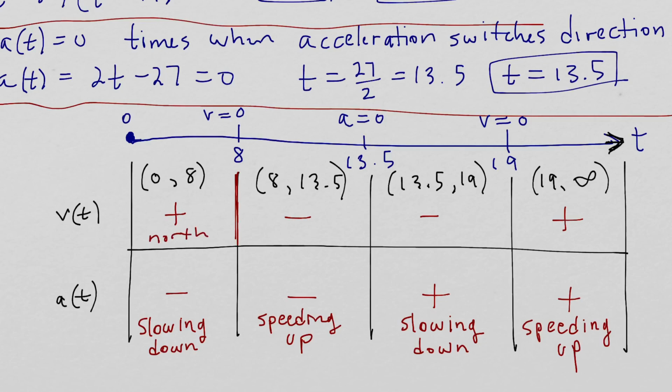North is positive, so I'm moving north if I have a positive velocity, which also means you'd have a positive displacement. I'm moving south if I have a negative velocity. So that sign on the velocity is going to tell you which direction you're speeding up or slowing down in. Now I can go back and finish filling in that table.